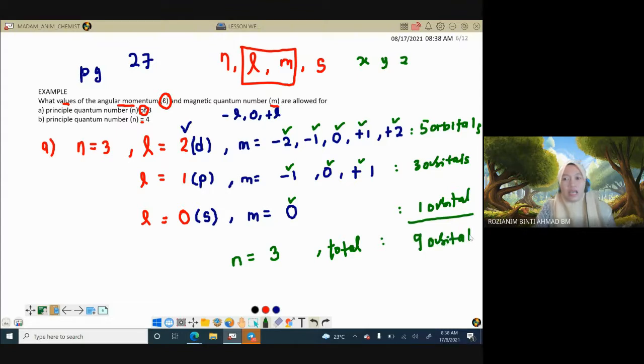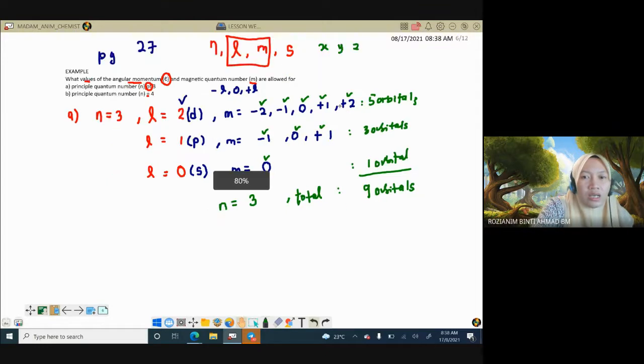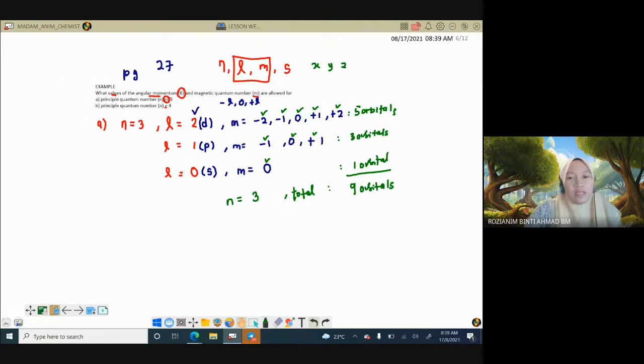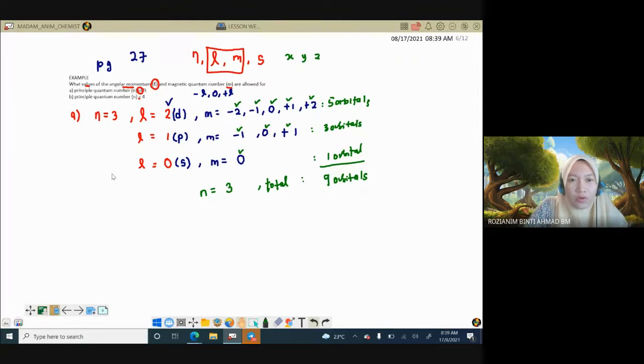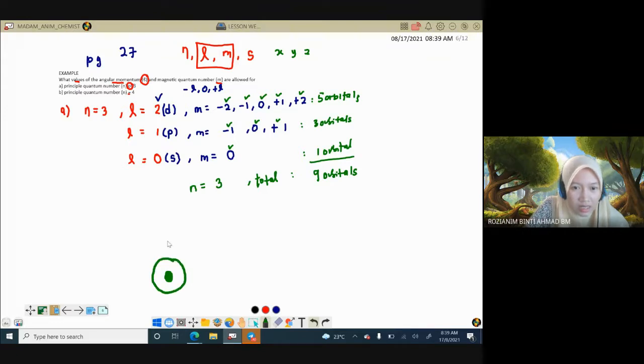So the analogy is, okay, when we are traced, if a shell here consists 9 orbital, so kita boleh imagine sebenarnya, okay, if I draw according to our first previous concept in sekolah lah yang you lukis, this is a nucleus, sorry. Okay, this is a nucleus and this is shell number 1. Okay, shell number 2. Shell number 3.